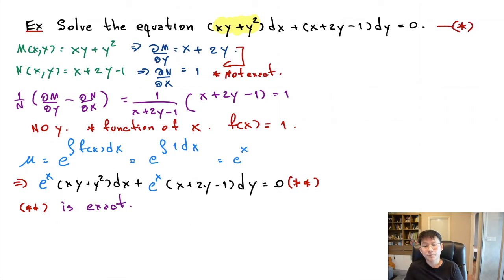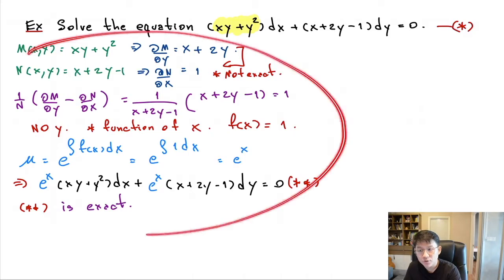Okay. In the exam, you don't need to check it, because if you define mu in this way, it's always exact. But it's a good practice to check it. Why? Because if you do something wrong here, you come up with the wrong mu.